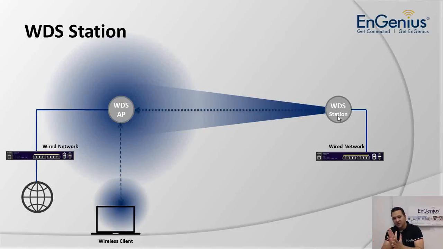We have to keep in mind that if you want to do a VLAN pass-through through a 100% transparent bridge, you still have to use the WDS bridge. But if you want to connect to a WDS AP, then you have to use a WDS Station. The last remark here is that WDS Station is not available in every model of EnGenius.